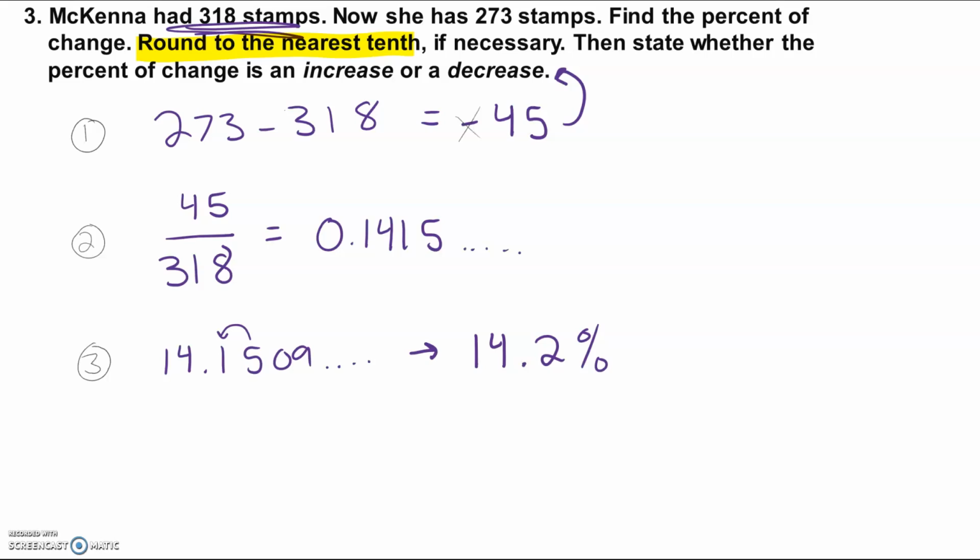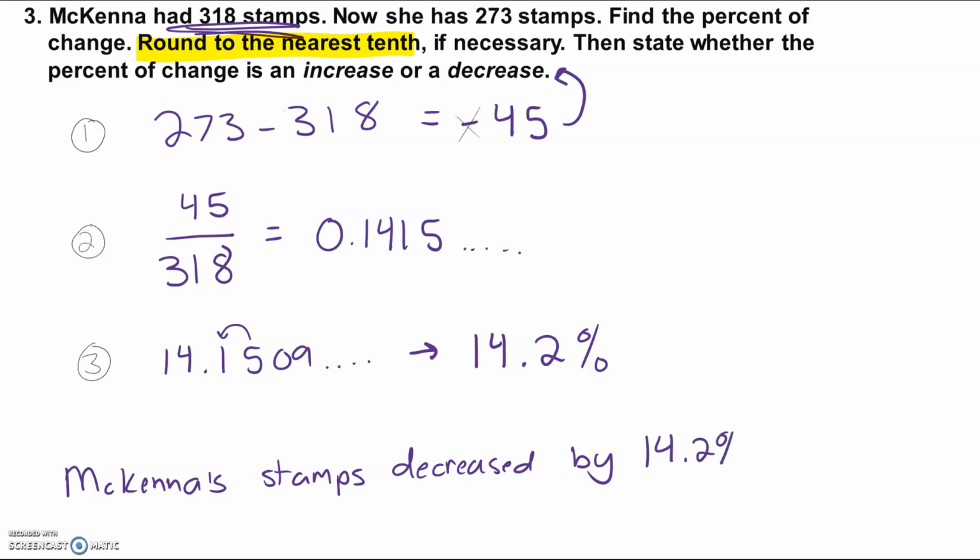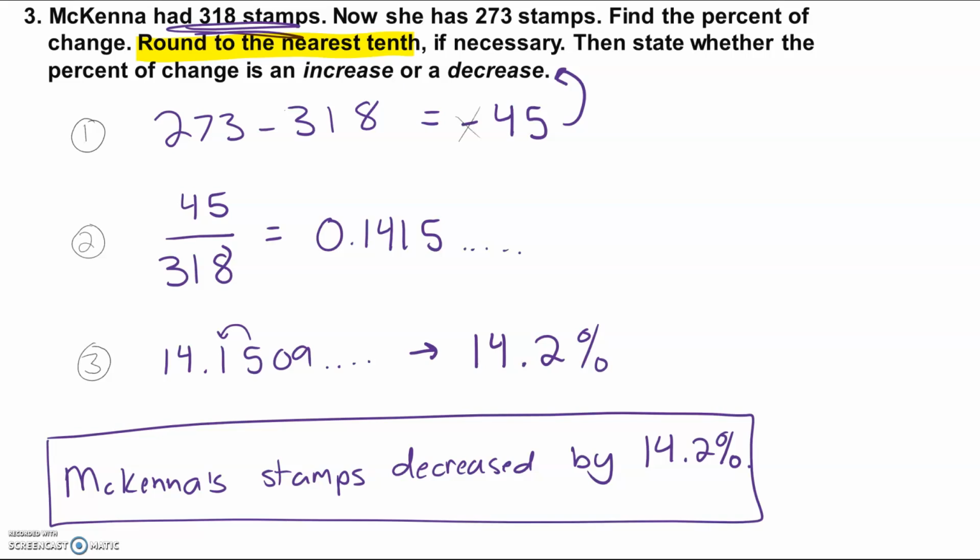And again, we want to answer our question. So McKenna's stamps decreased by 14.2%. And that would be your final answer.